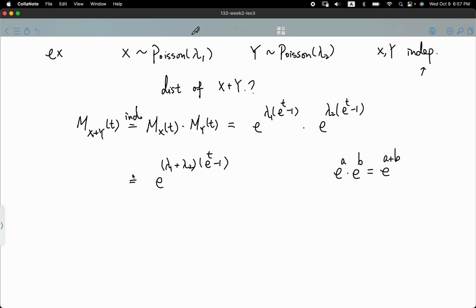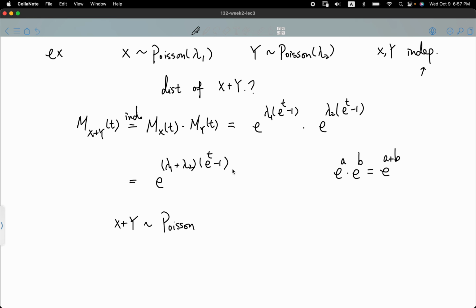Okay, so now let's look at this expression. You can see its resemblance to the moment generating function for a Poisson random variable, except that the lambda looks very different. So now we can conclude that x plus y also follows a Poisson distribution.